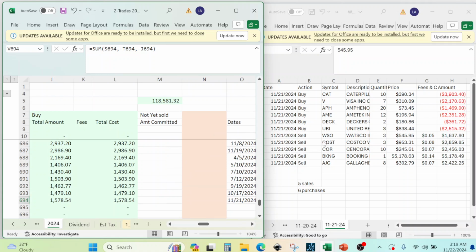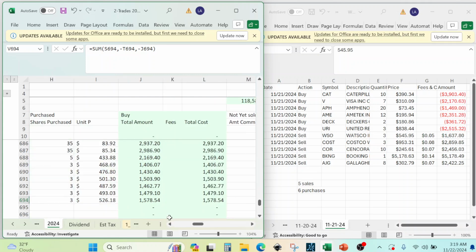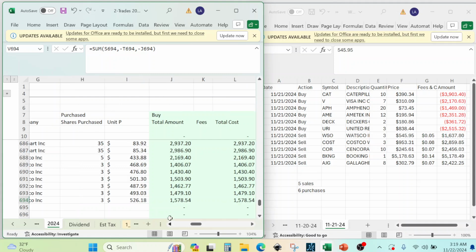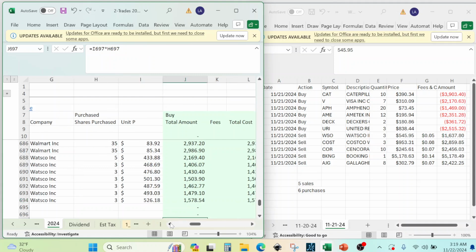So let's go to the next one, which is COST, Costco.